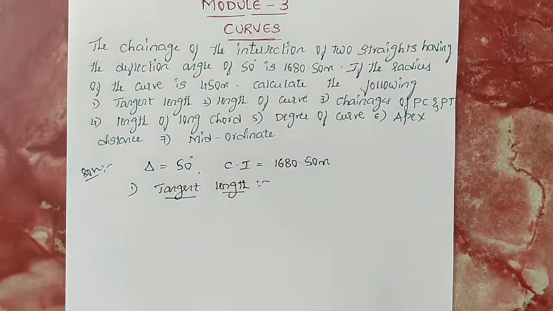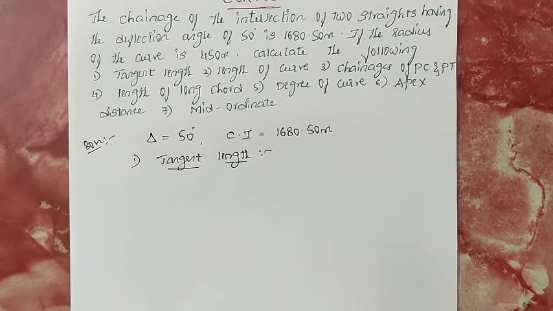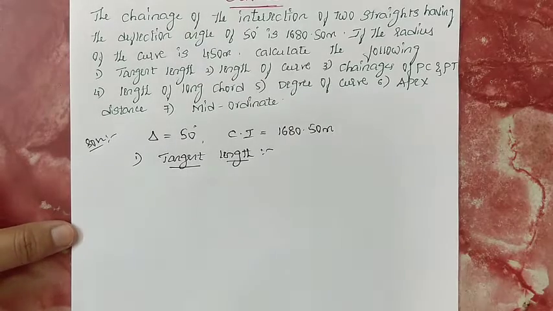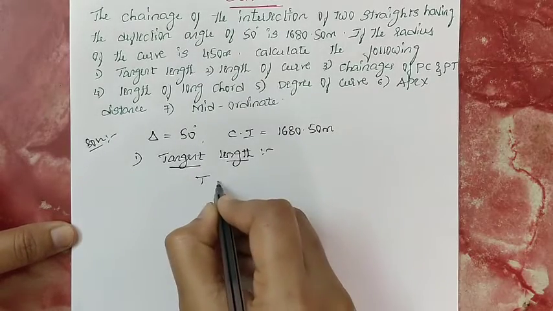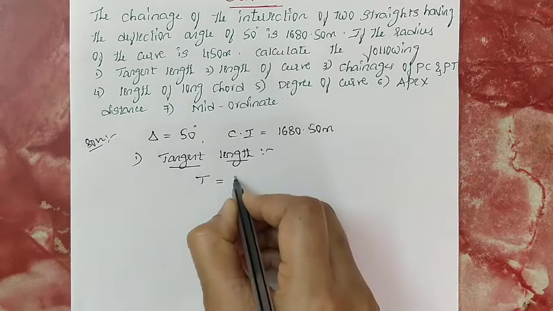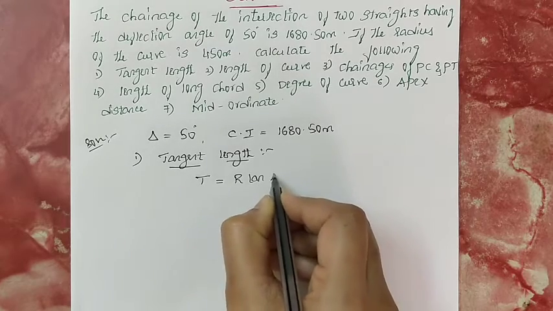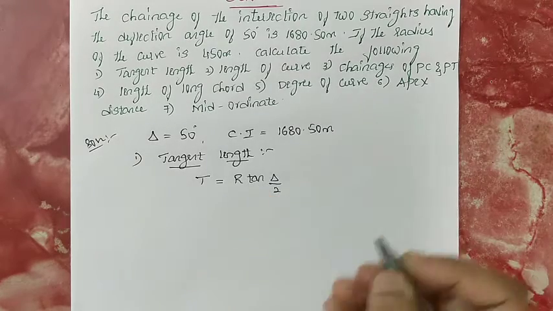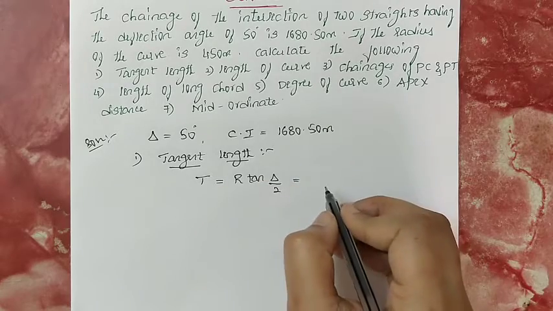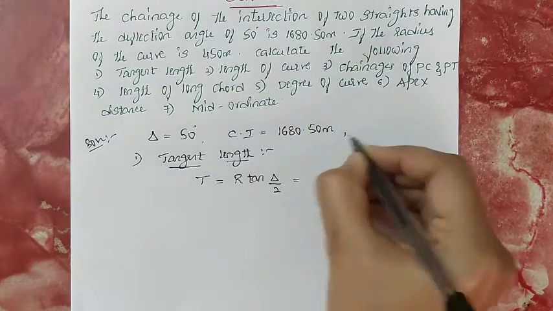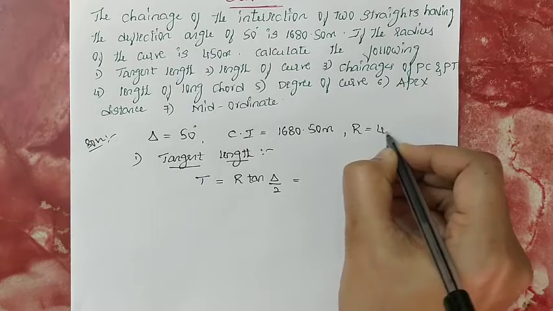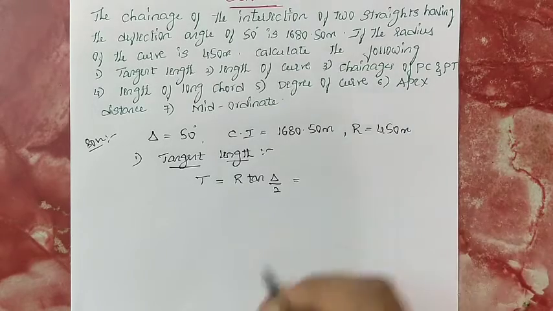You need to calculate the first element, that is what? Tangent length. The tangent length is denoted by capital T. The equation is given by R into tan of delta divided by 2. Substitute the value, R value also they have given. Write down the data, R is 450 meters, they have given in the problem.